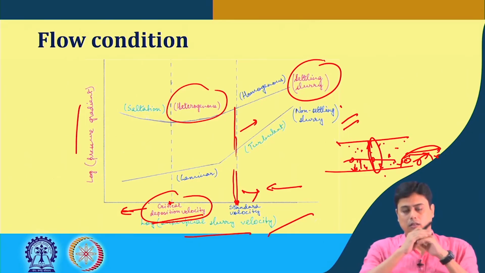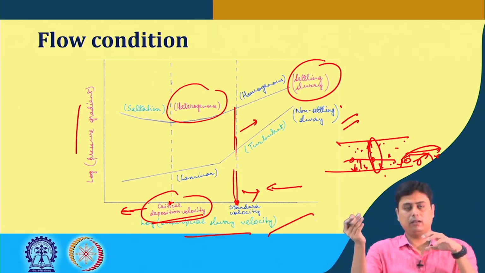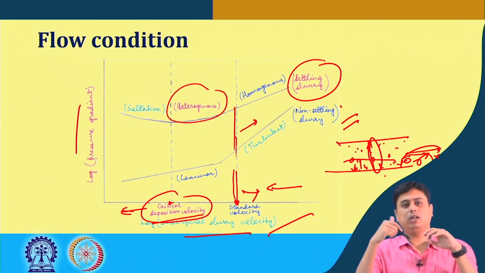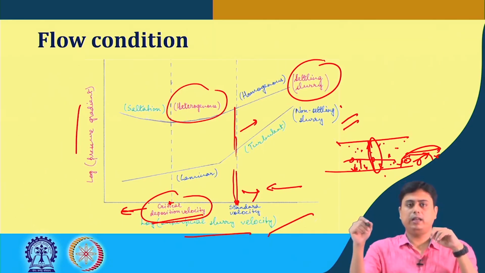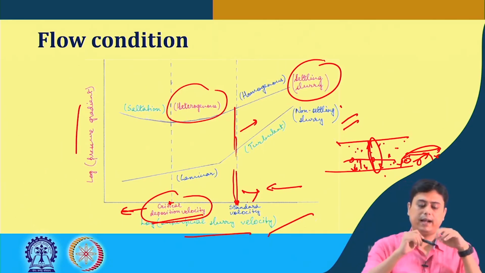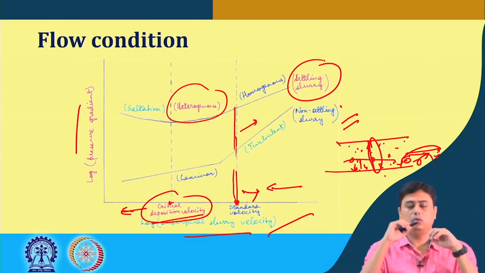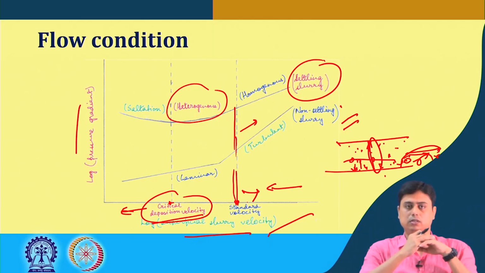Then the particles are not deposited on the surface, they flow with the bulk fluid, but with a concentration gradient across the cross sectional area. At a further higher velocity, called the standard velocity, above which the settling slurries behave as homogeneous slurry, homogeneous flow.